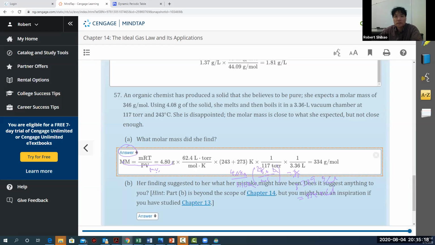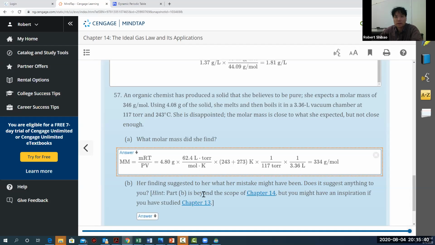Her findings suggested to her what her mistake might have been. Does it suggest anything to you? Okay, so she's getting a little lower molar mass. Does it suggest anything to him?